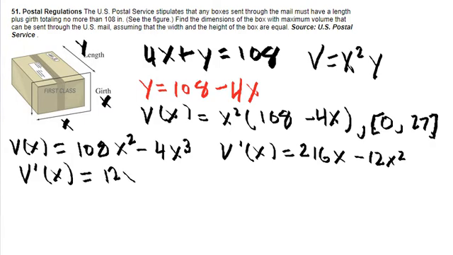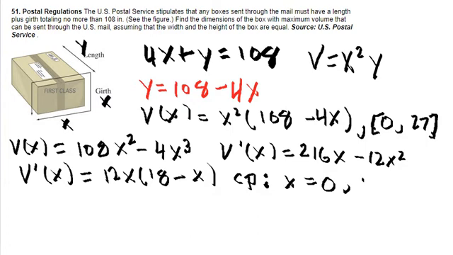For instance, if I factor out a 12x from the two terms, I'm going to get 12x times 18 minus x. Rewriting it like this, I can see that the critical points for this equation are such that x has to equal 0 and that x has to equal 18.